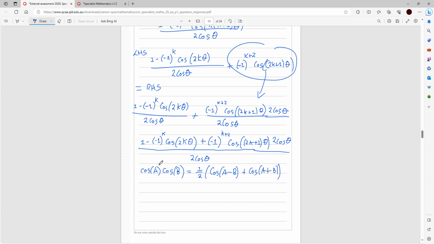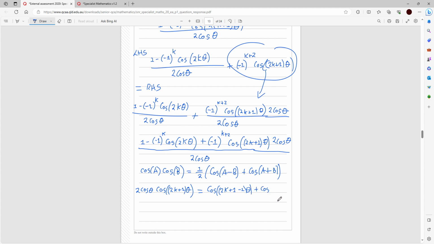Okay? So, what we have here is 2 cos of theta and cos of 2k plus 1 times theta. So, because there's a 2 here, we don't need to write the half at the front. So we can rewrite this as cos of, in a sense, 2k plus 1 minus 1 times theta. Okay, that's that first bit there.